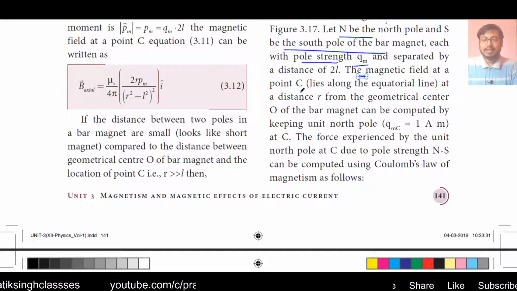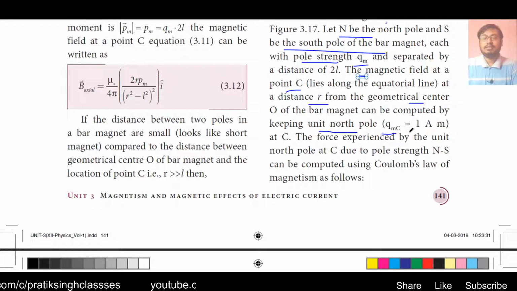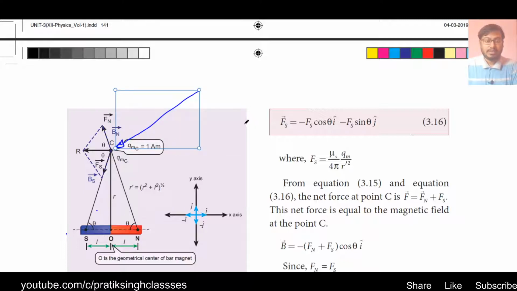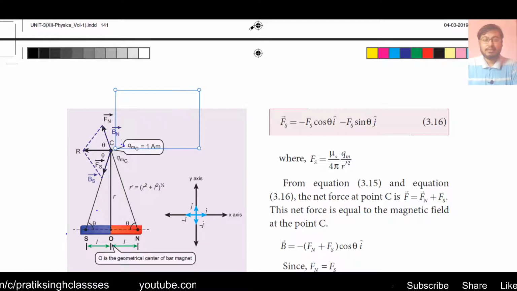The magnetic field at a point C, at a distance r from the geometrical center O of the bar magnet, can be computed by keeping a unit north pole, that is Qm at C equal to 1 ampere meter. We know that like poles repel and unlike poles attract.